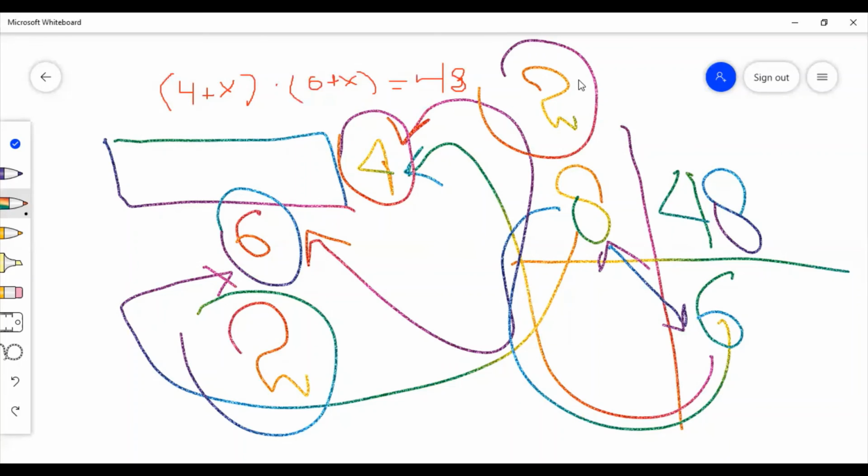But anyhow, that is also correct, though this is the shortcut to get the solution. So this was the answer.